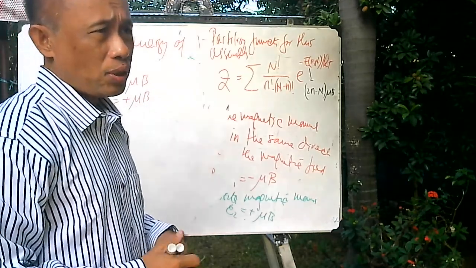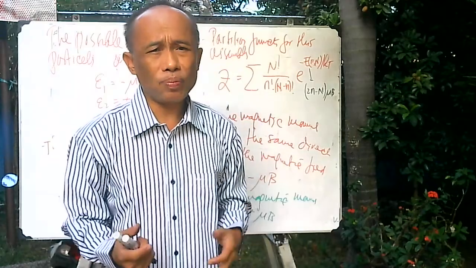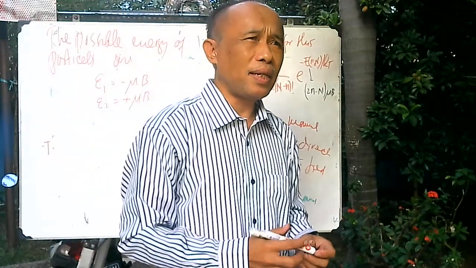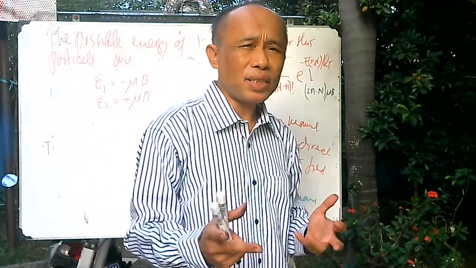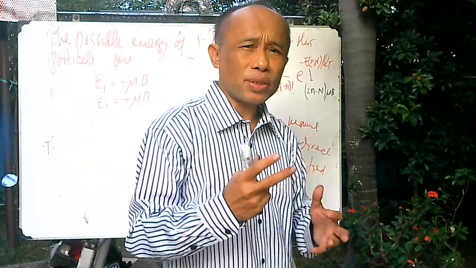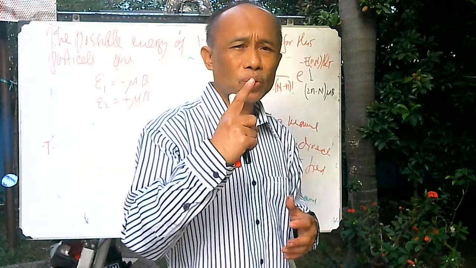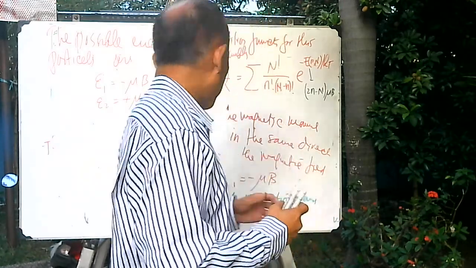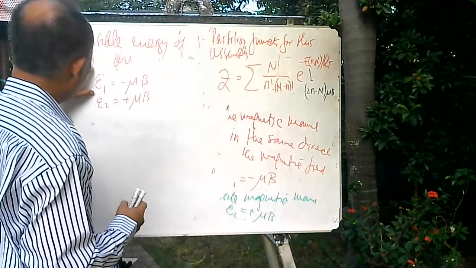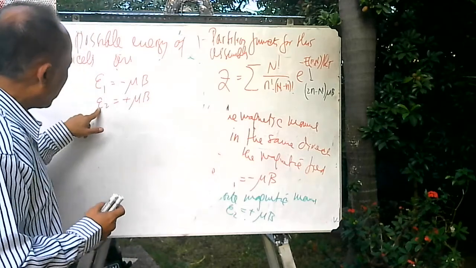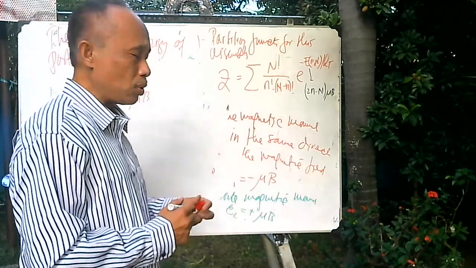Because the particle only has two possible energies, the partition function of the particle contains only two terms. One is contributed by epsilon 1 and one is contributed by epsilon 2.